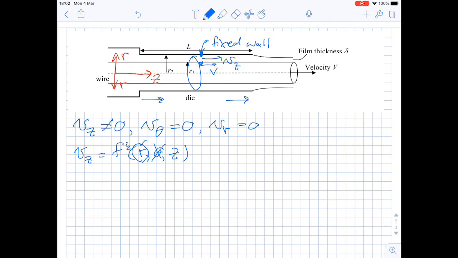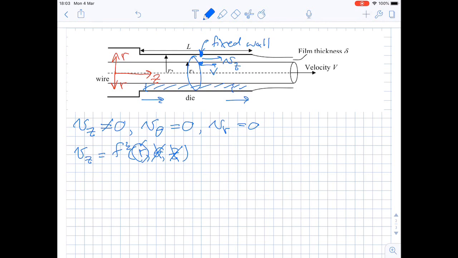Otherwise, we cannot maintain the thickness over here and the thickness over there to be constant. So under the assumption that the whole die here is filled with polymer, there's no choice but to accept that Vz is not a function of z. So now we have Vz as a function of r only.